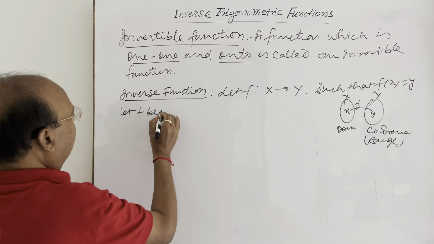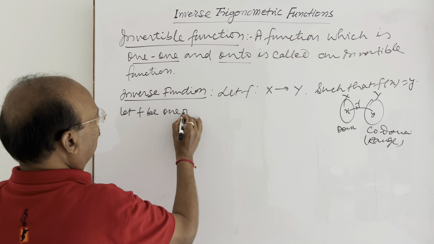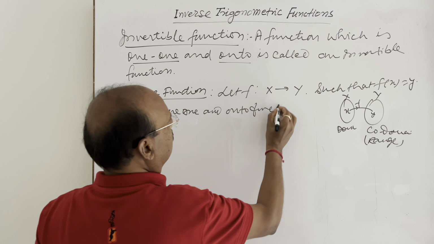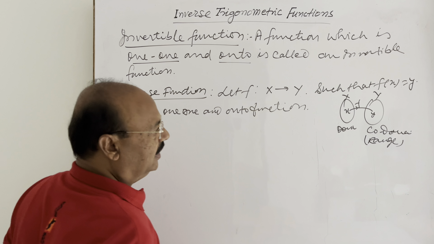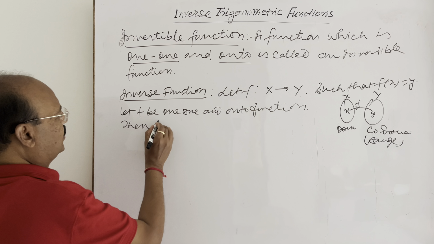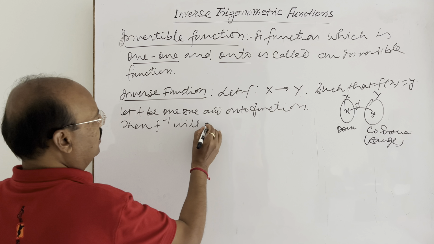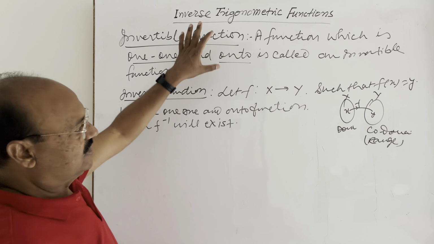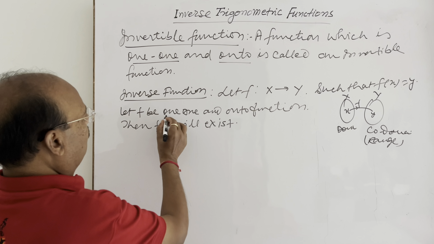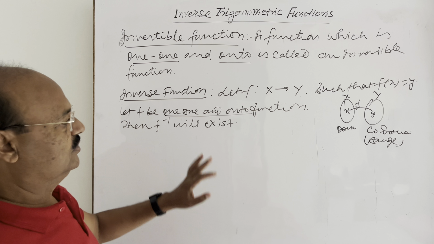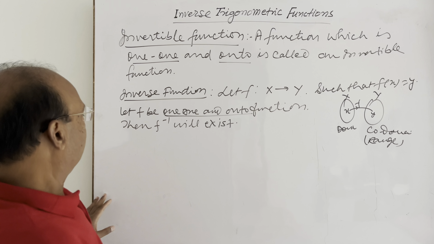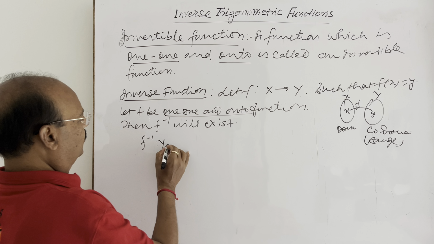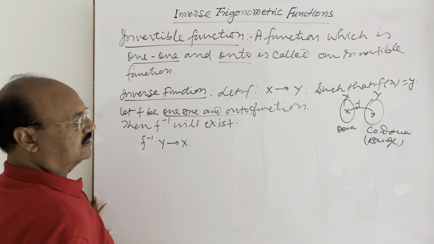Let f be a 1 and onto function. Then its inverse will exist. Then f inverse will exist. We have discussed earlier that if a function is 1 and onto, then its inverse will exist, and this function f inverse will be defined from set y to set x.